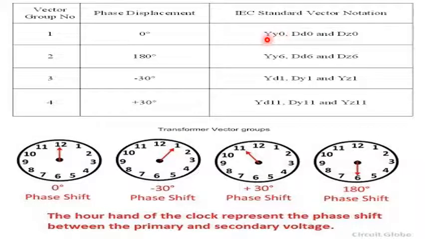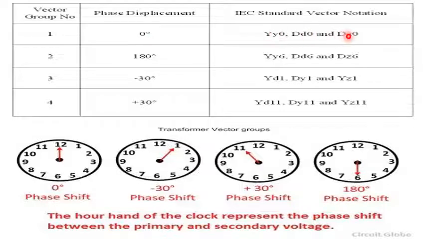The standard notations are capital Y small y 0, capital D small d 0, and capital D small z 0. Z means zigzag. In these 3 combinations you can observe the phase displacement of 0 degree.